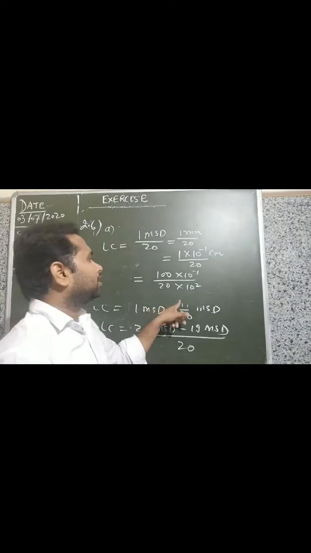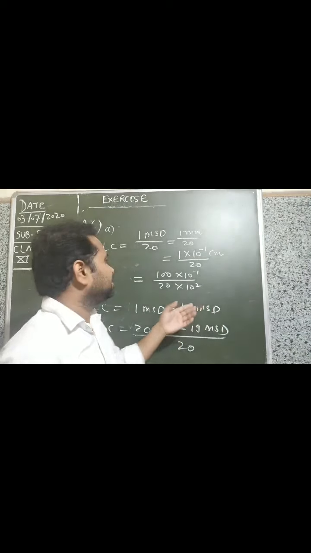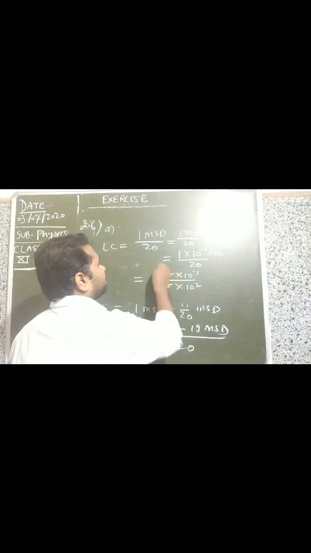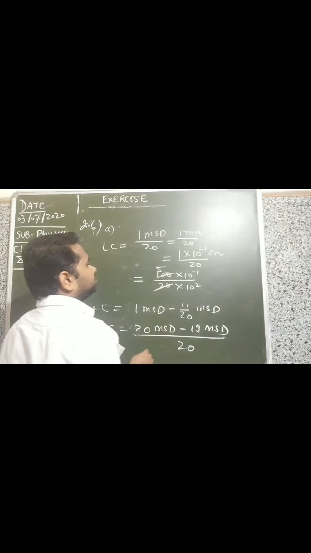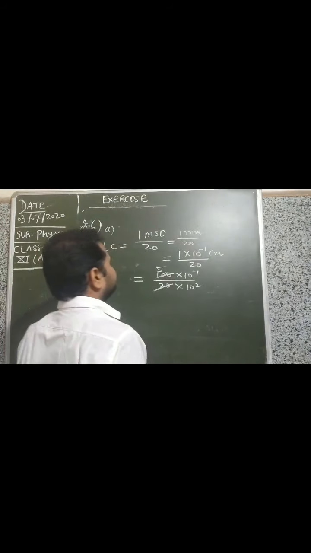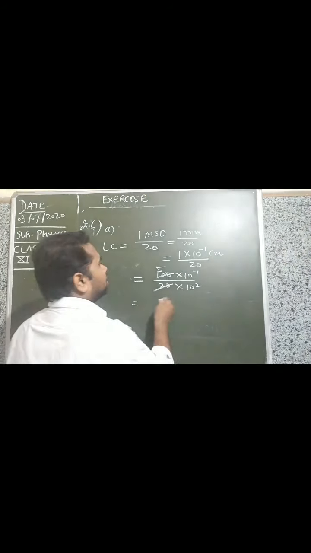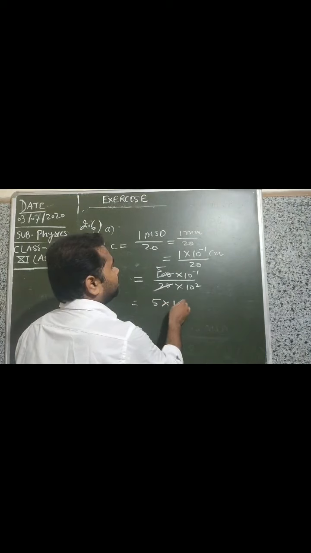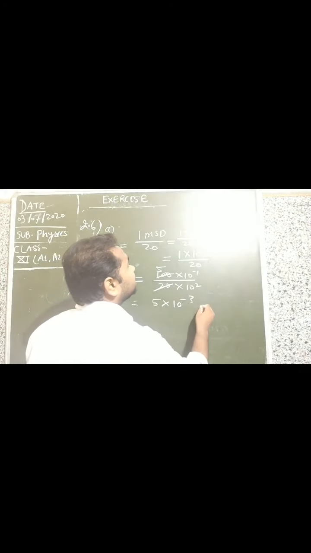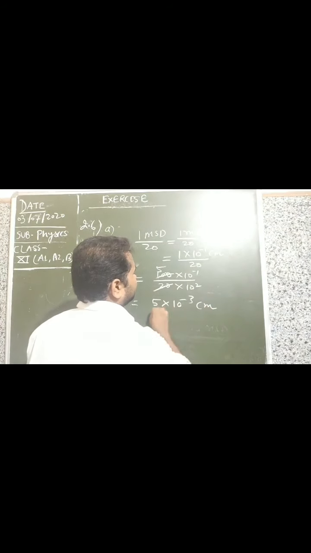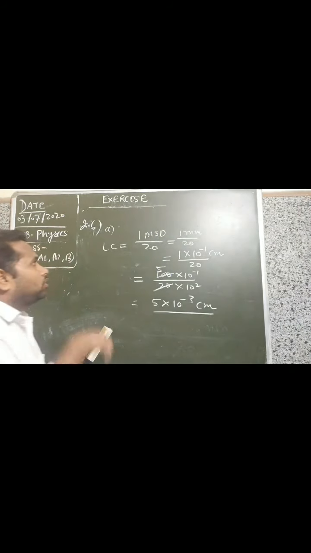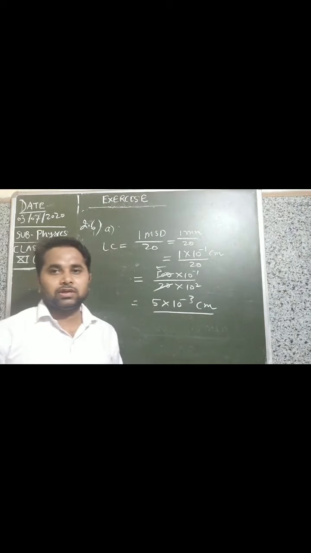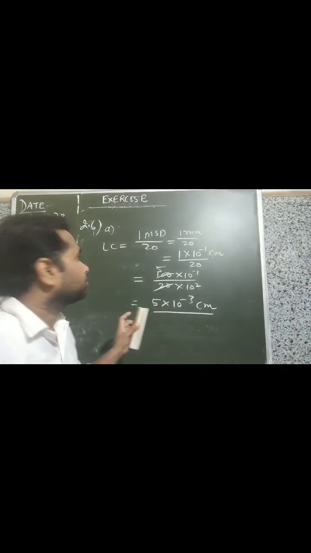We multiplied numerator and denominator by 100. So finally 5 into 10 power minus 1 and minus 2, so 5 into 10 power minus 3 centimeter. This is the least count of the Vernier calipers given in this question.